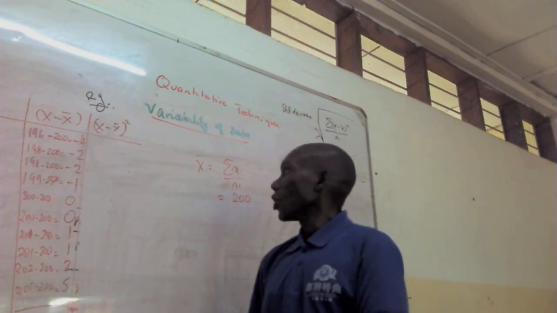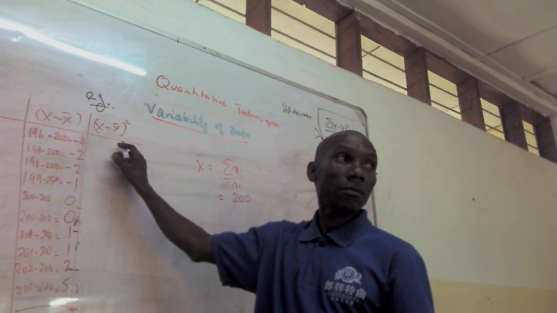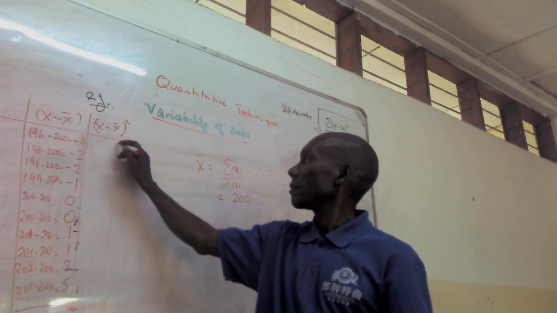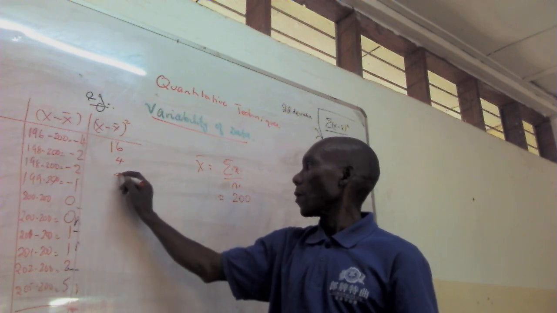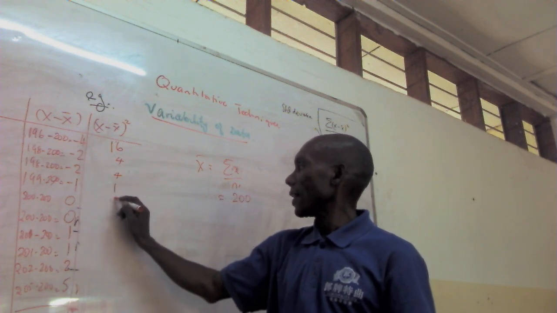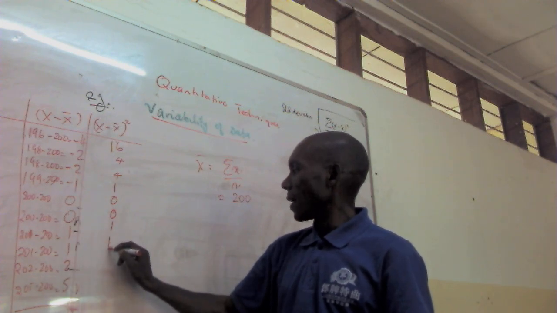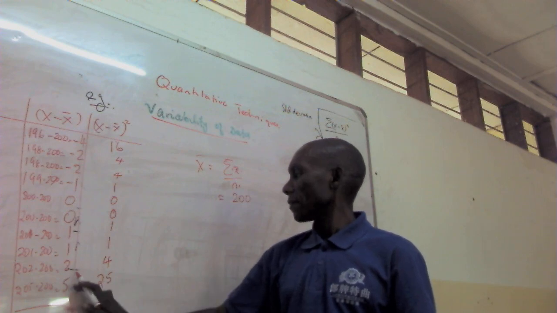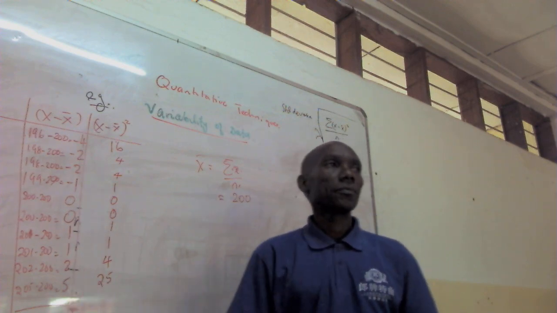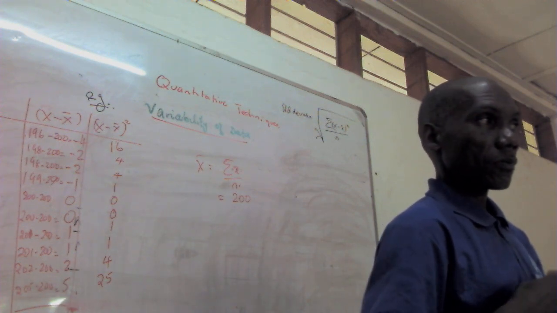Zero. That's why you square this. 4 squared is 16. And here 4. Here 4. Here 1. Here 0. Here 0. Here 1. 1. Here 4. Here 25. Right?